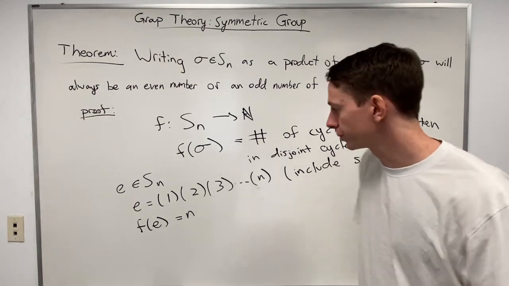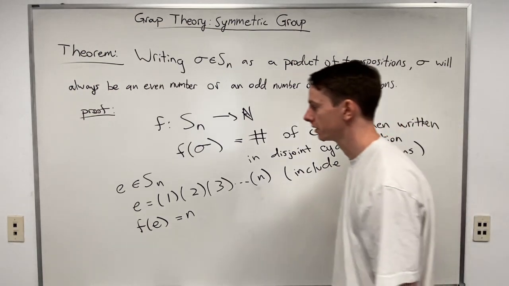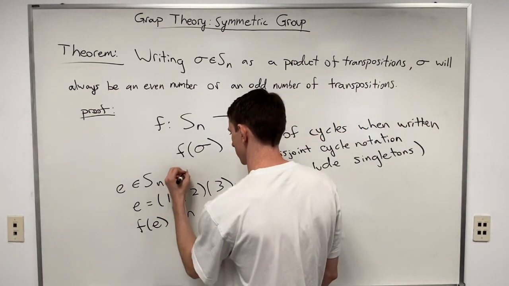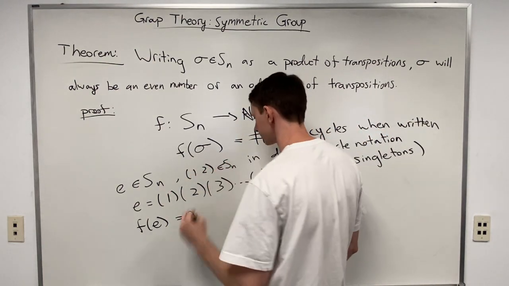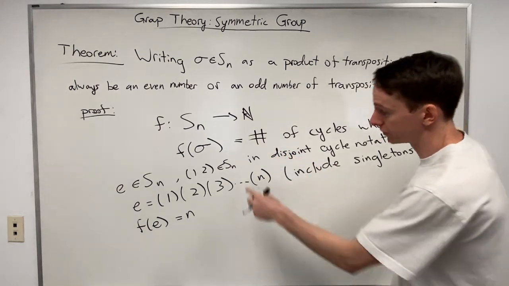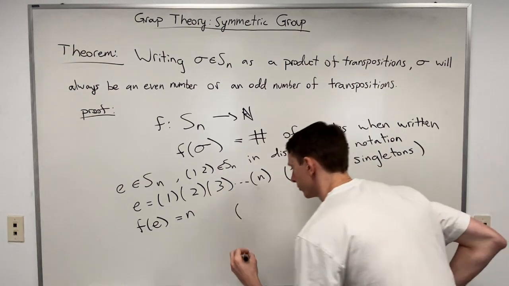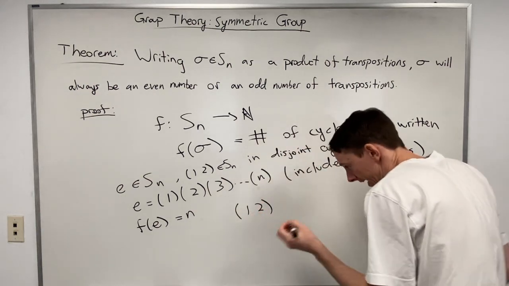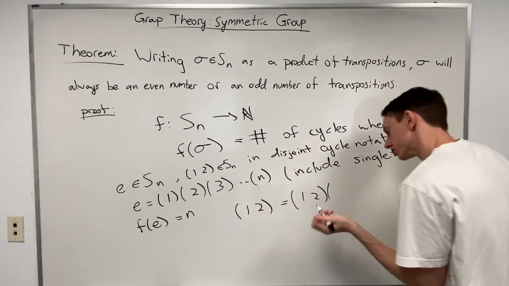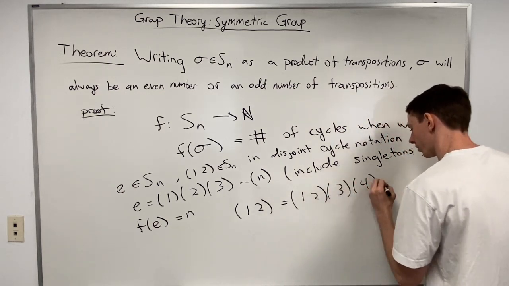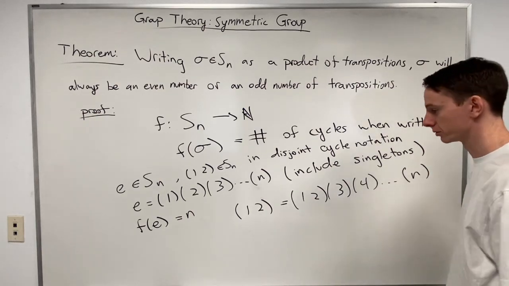Now, one more example, because we're going to be working with transpositions, or these 2 cycles, quite often. Let's say that we also have a transposition, maybe (1 2) in Sn. How can we really write out (1 2) if it's an element of Sn? Well, let me just write that down here. We can say that (1 2), if it's an element of Sn, is really going to be (1 2), and then everything else is a singleton state. Right? It's a 1 cycle. So then we're going to have (3), (4), all the way through (n). This is how we'd write it out in disjoint cycle notation.